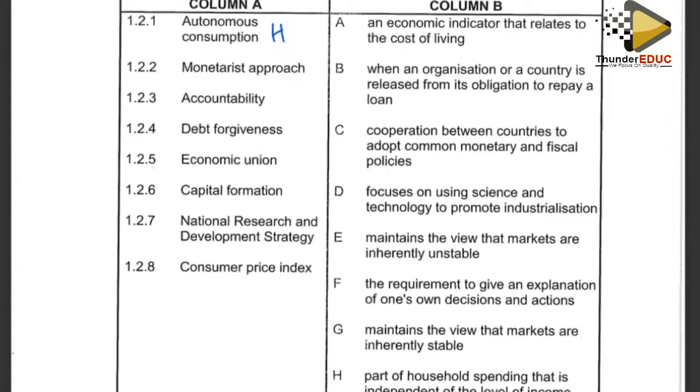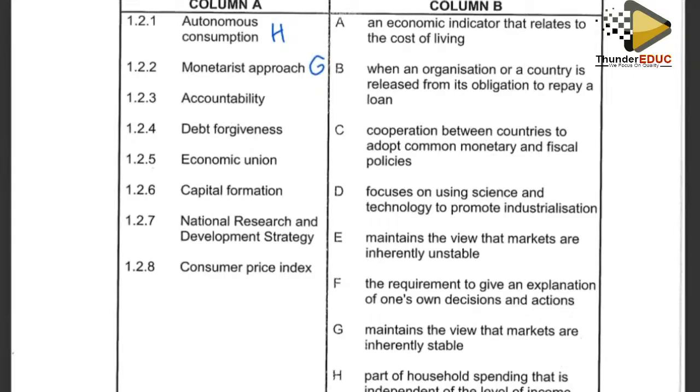So these guys under monetarist, they believe that the market can be stable without government intervention. So now if we check the options given in column B, then we see that the appropriate answer in this regard is G, that says maintains the view that markets are inherently stable. So it means that now our appropriate answer in this regard is going to be J.